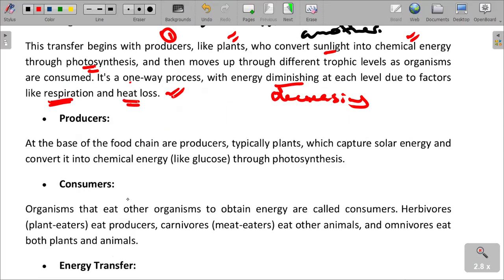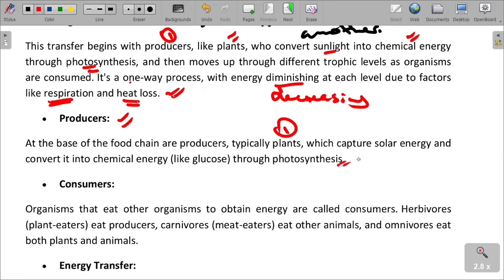So now we want to identify the components, or the organisms, involved in the energy transfer. We have producers, which are at the base of the food chain. Typically, they are plants, which capture solar energy and convert it into chemical energy like glucose through photosynthesis.